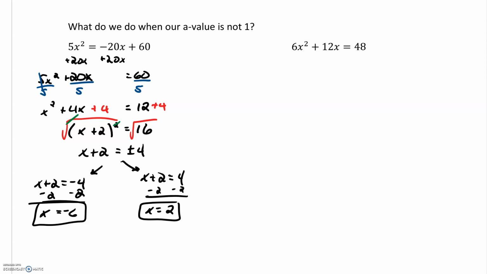Okay, welcome back. You should have 2 solutions. One of them is x equals negative 4. The other one is x equals positive 2.